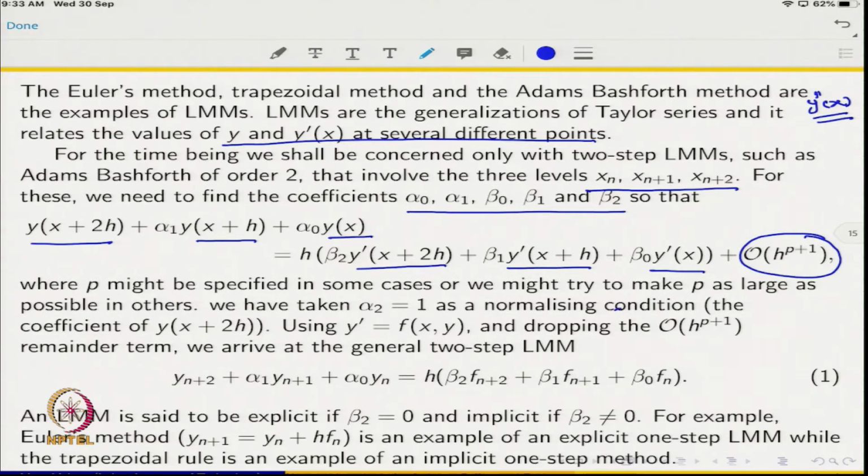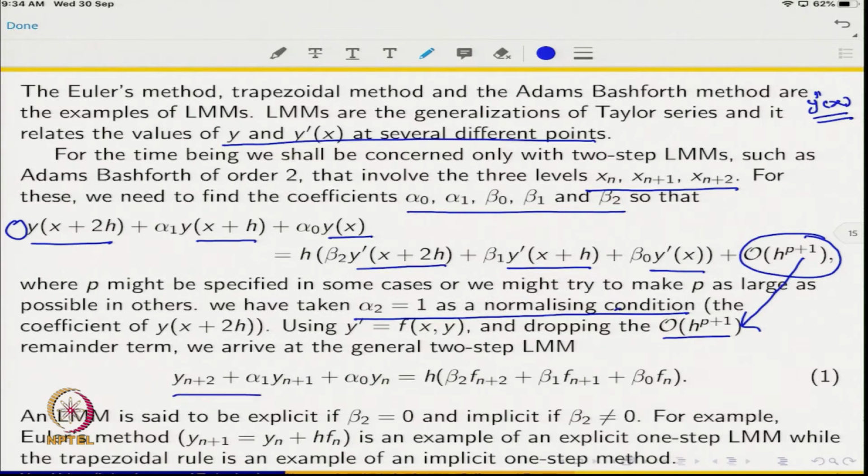So, in this case we have taken alpha 2 as a normalizing condition. We have chosen alpha 2 as 1, the coefficient of y x plus 2h, that is what you can observe from here. And using y dash is equal to, and dropping the term. So, once we start dropping this term, this is some equation, but once we start dropping the truncation error, it will be a difference equation.